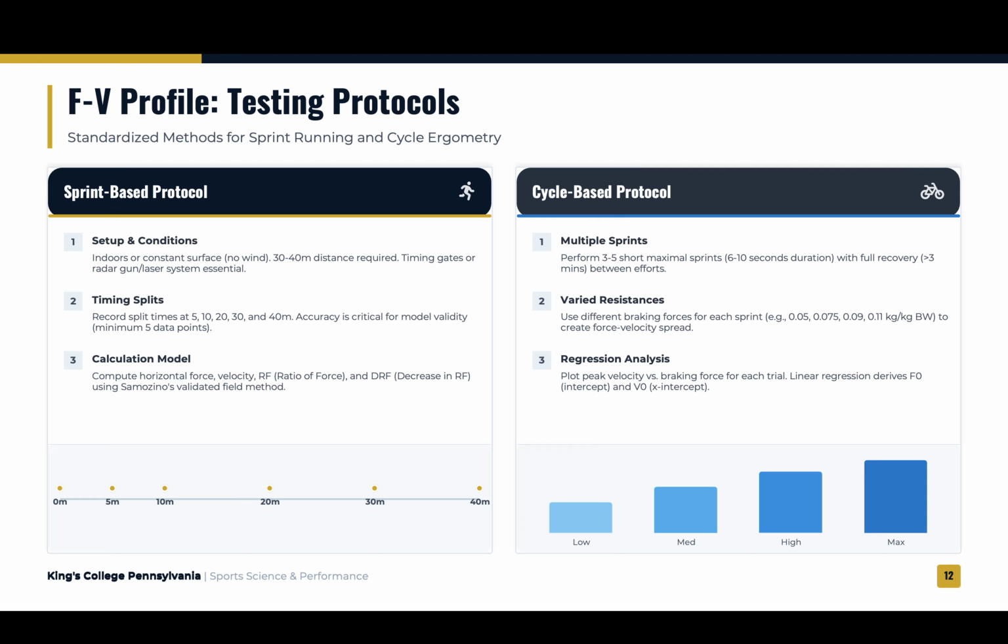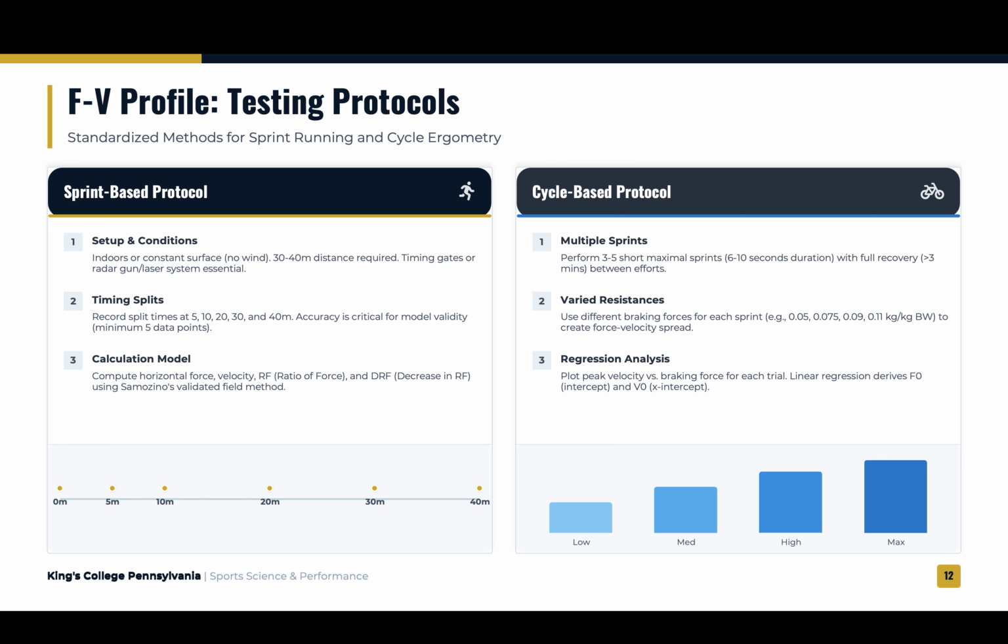Accuracy is critical for model validity, for which you need a minimum of 5 data points. Then compute horizontal force-velocity, ratio of force, and decrease in ratio of force using Samozino's validated field method, which is a calculation model.